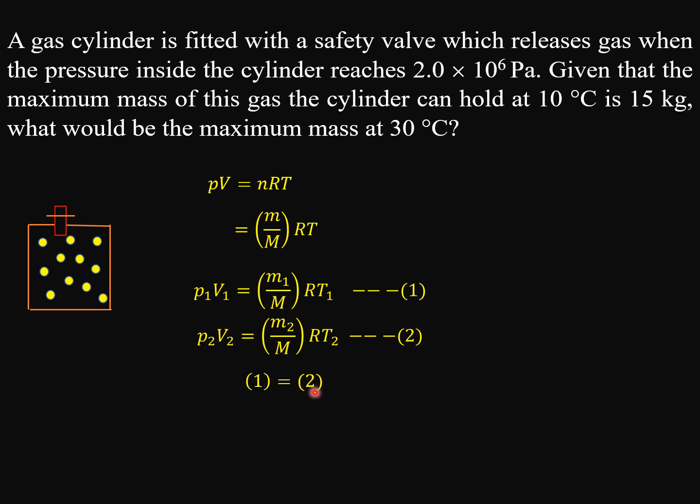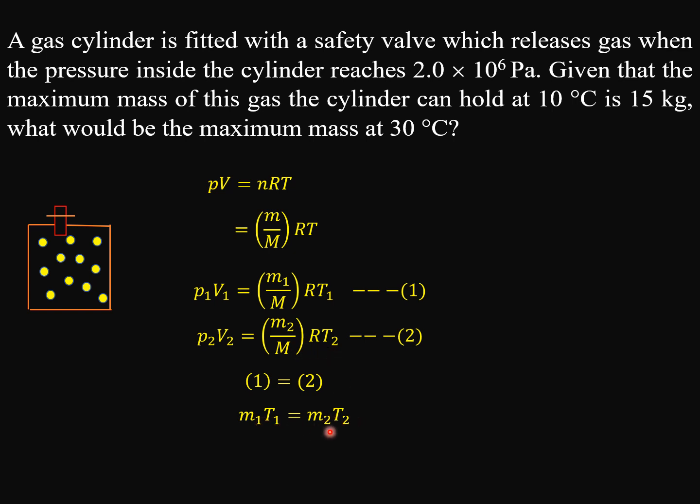Therefore, we can set equation 1 equal to equation 2, because on the left-hand side the product P1V1 is the same as P2V2, so the two terms on the right-hand side of the equality sign must be the same. We cancel the capital M for the molar mass of the gas. The gas constant R also cancels out, so we have from equation 1 M1T1, and from equation 2 M2 times T2.